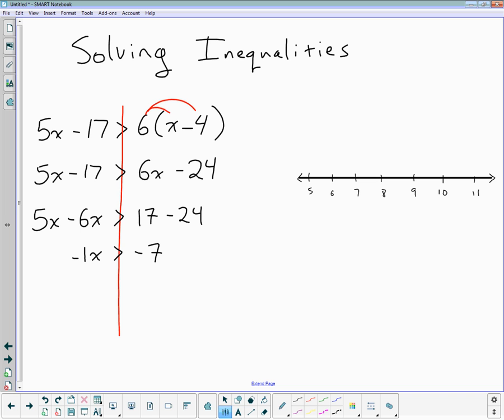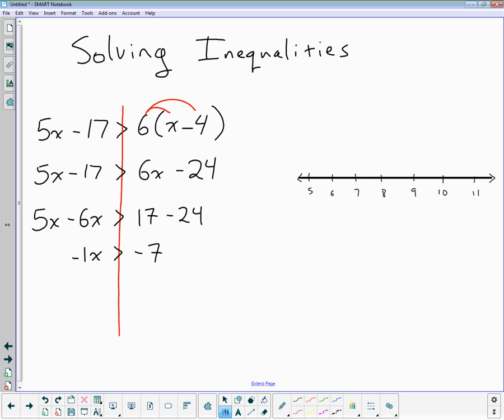Okay. At this point, everything has been exactly the same as we have always done, right? No different. The only difference now is that when I divide, if that -1, that coefficient in front of my x is negative, then that symbol gets switched.